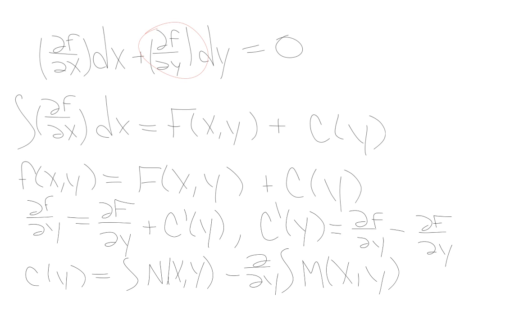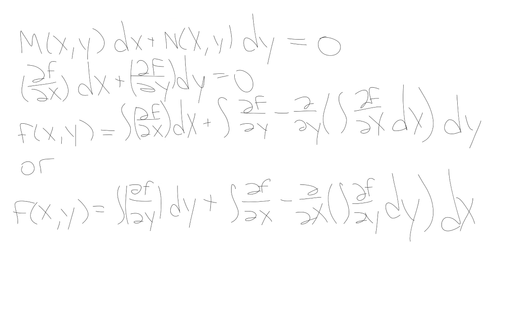So the integral of m of x, y with respect to x. This is what our unknown function of y is equal to. Let me consolidate a little bit of parentheses. All of this is integrated with respect to y.